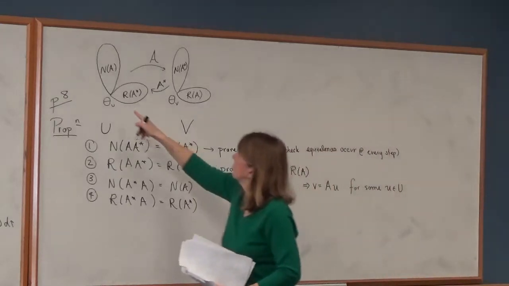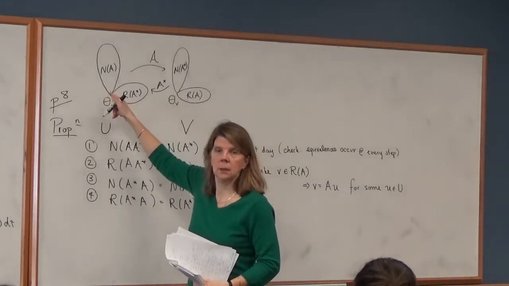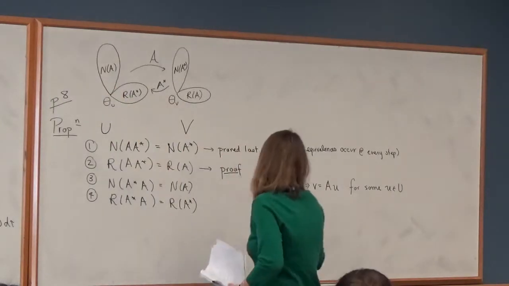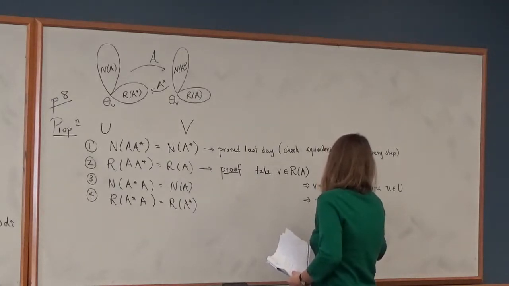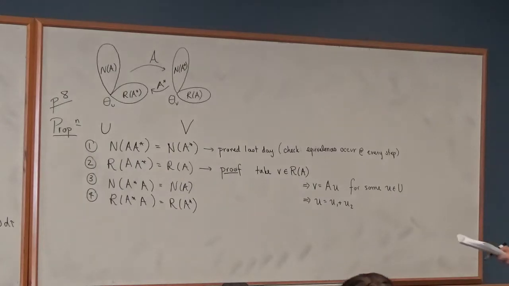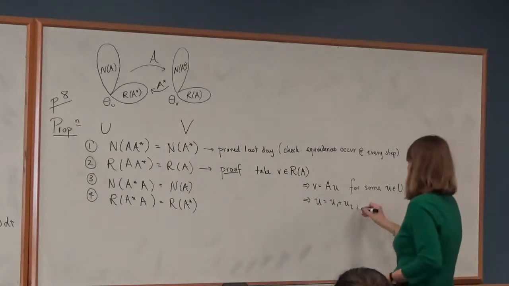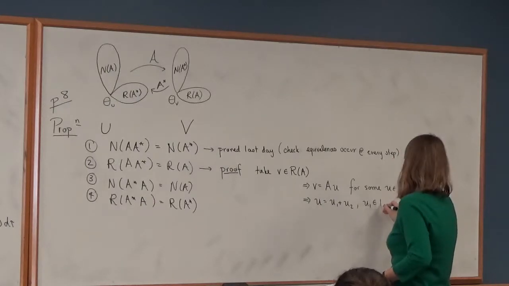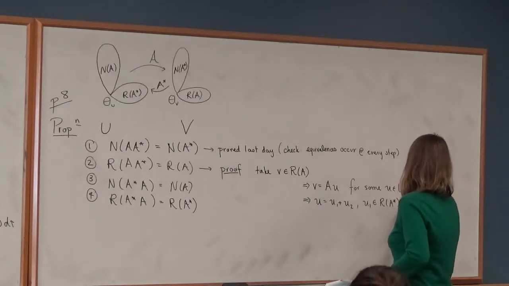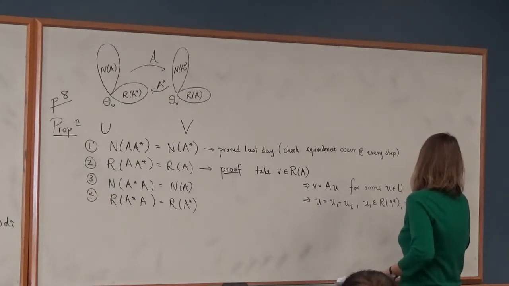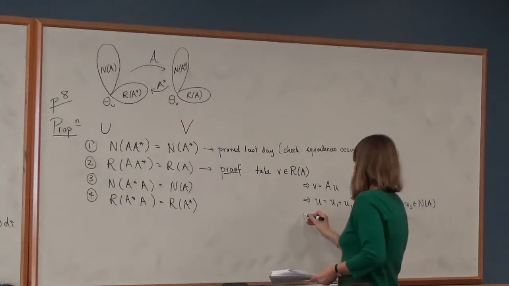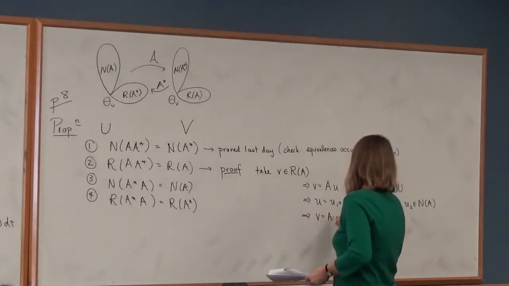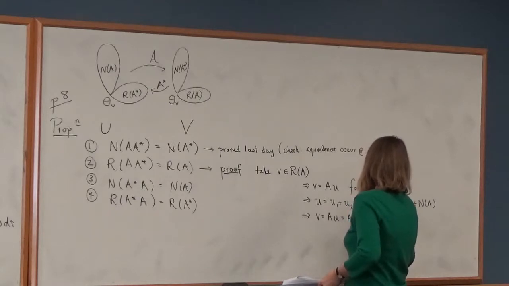And we also know that U in the domain, by the fact that we can decompose the domain as the direct sum of these two spaces, is equal to U1 plus U2, where U1 belongs to the range of A star, and U2 belongs to the null space of A.